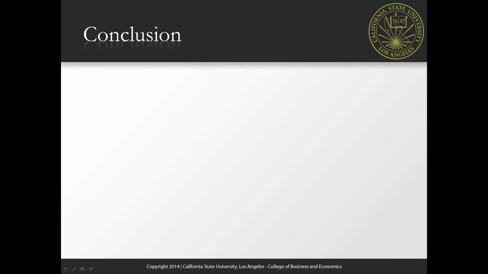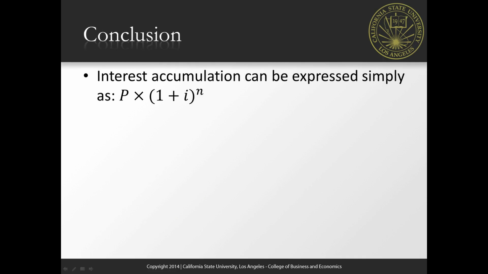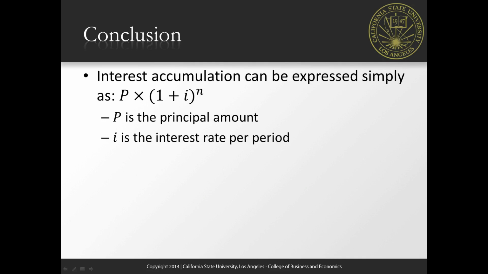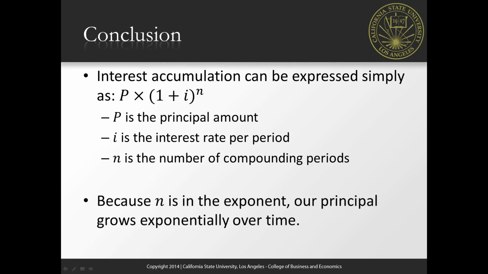So to conclude this video, there's a couple things that we want to remember. Interest accumulation can be expressed simply as the principal amount, P, times the quantity of 1 plus i, the interest rate per period, to the nth power, where n is the number of compounding periods. Again, that could be years, that could be months, that could be days. Whatever the question says, that's how many times you compound it.